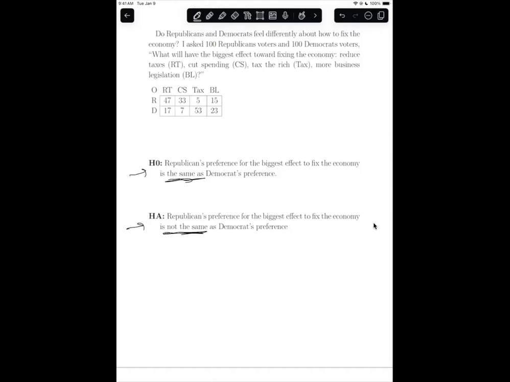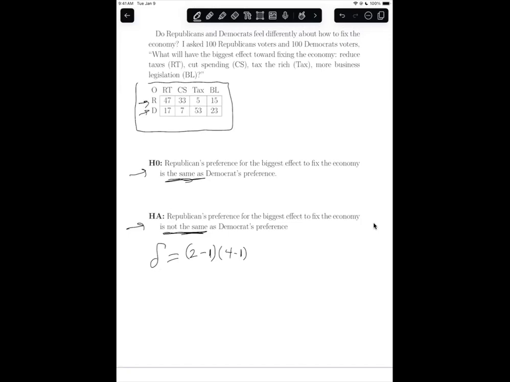And so now that we have the test situation and the hypotheses, we can get to the critical value. And to get to the critical value, we need delta, the degrees of freedom. And so what we look at is the number of samples minus 1, that quantity times the number of outcomes minus 1. And a nice way to see this is we see this in the observed frequency table here, that there are 2 rows.